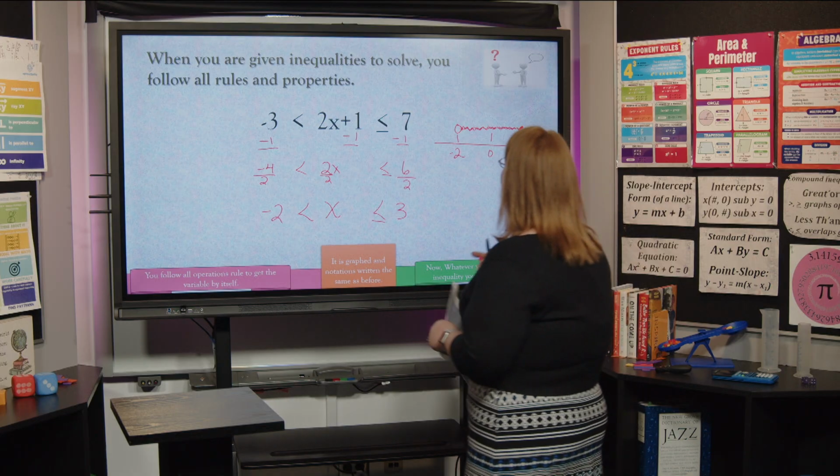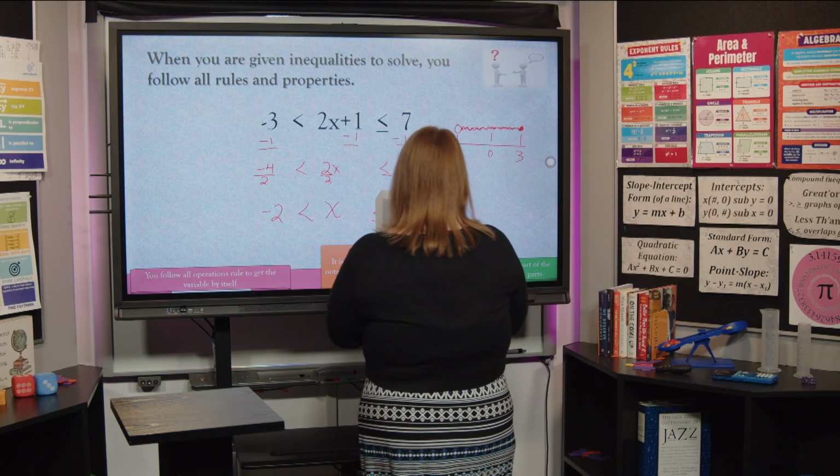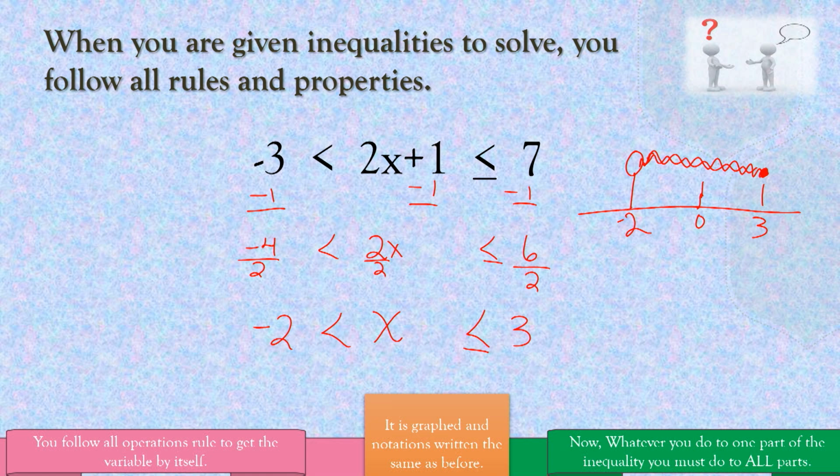So let's go ahead and write both of those notations. Since it's an open circle, I have a parenthesis at -2, 3. Since it's a closed circle, I have my bracket. Then as my set notation, I have x such that -2 is less than my x, and my x is less than or equal to my 3.